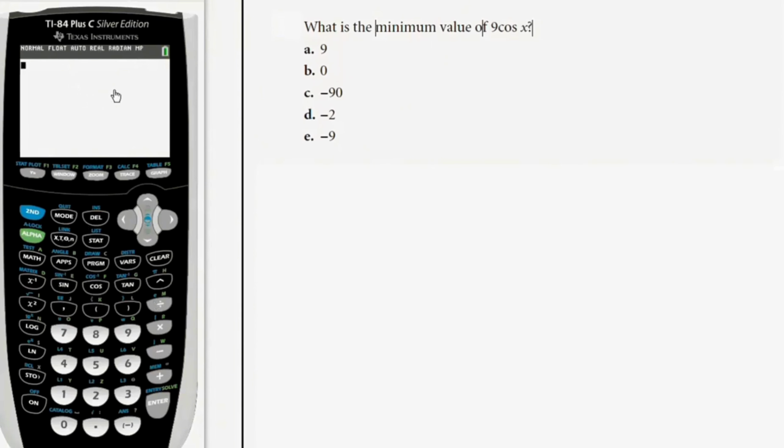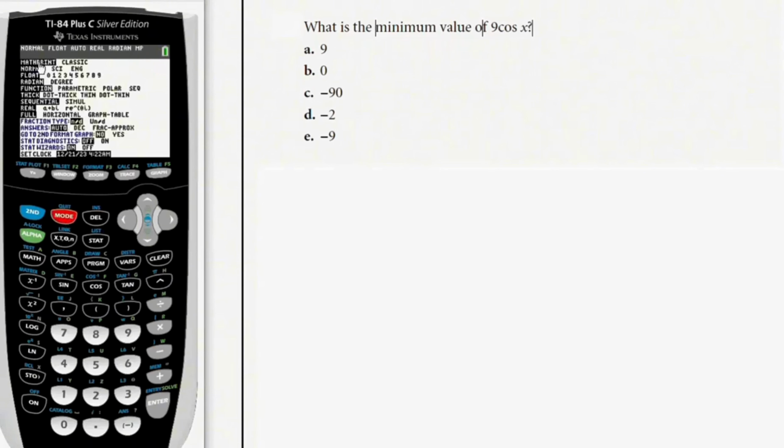If yours happens to be in degree, all you have to do to put it in radian is to press this mode button. Once you press the mode button, you just come down to this place. We have radian and degree beside it. So if yours happens to be in degree, like here is now indicating degree, just switch it to radian and press enter. So it will go to radian.